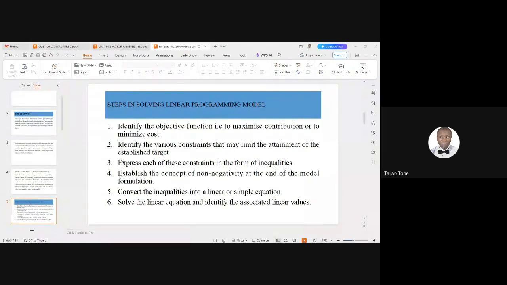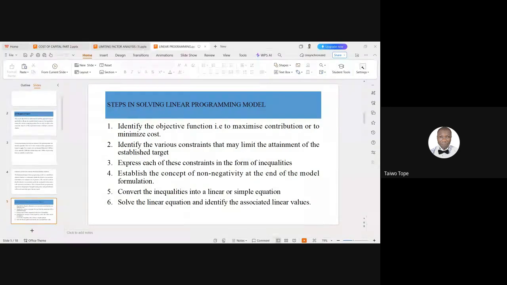Once you can express that inequality, the next thing you have to do is to establish the concept of non-negativity. When we talk about non-negativity, it means that you cannot produce -1 goods. When you are producing, you cannot produce a negative good.